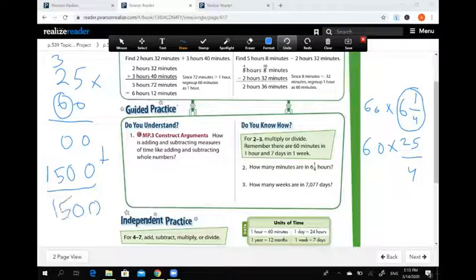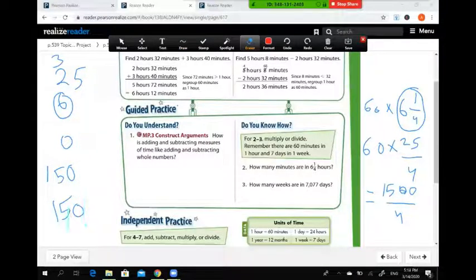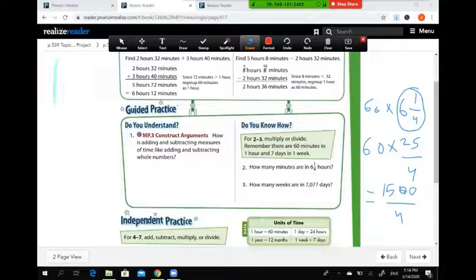Then 5, 1. So 1,500 over 4. Then I will divide 1,500 divided by 4.